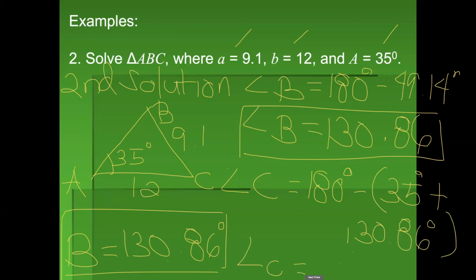So the new value of C now is 14.14 degrees. So angle A is 35, angle B is 130.86, and angle C is 14.14.